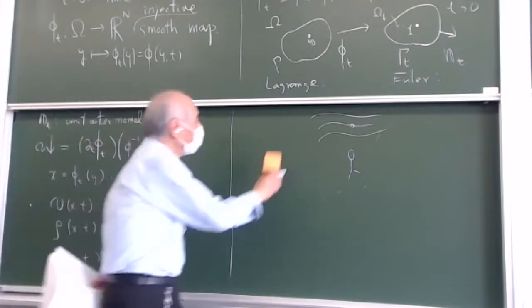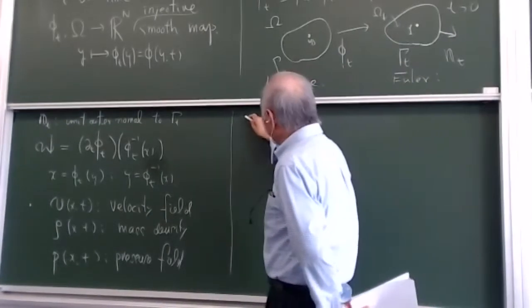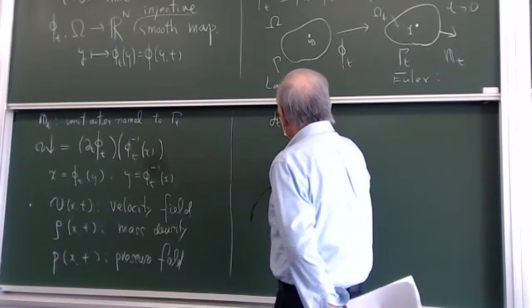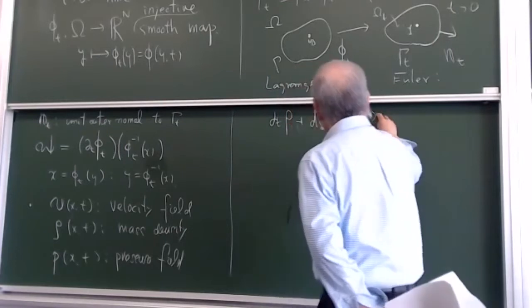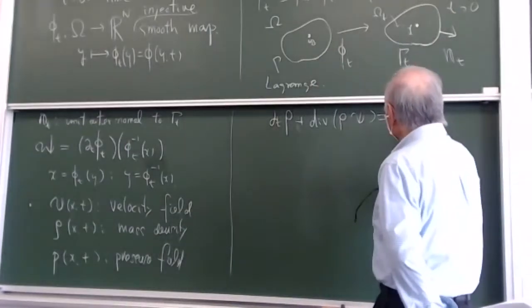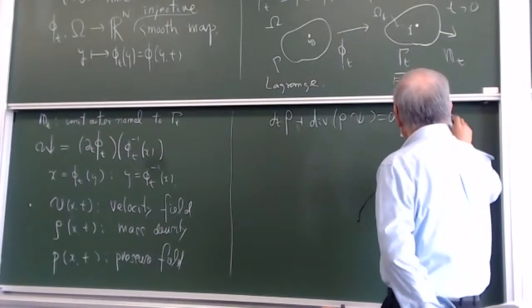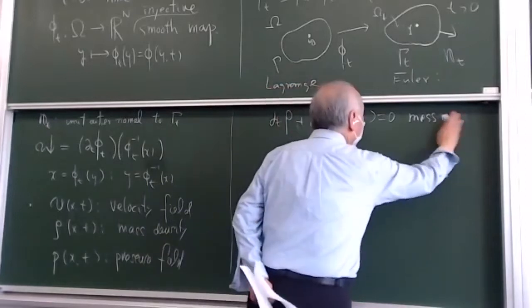And then conservation of mass, meaning d_t rho plus div(rho v) equals zero. This is the mass conservation.